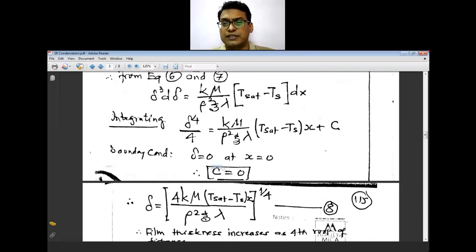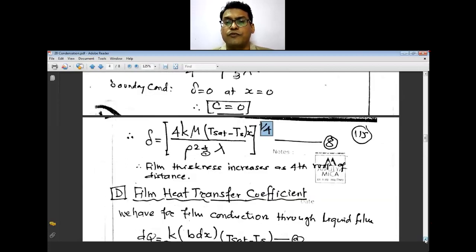So C comes as 0, and on simplification delta is equal to [4k mu (T saturated minus T wall) x upon rho square g lambda] raised to the 1/4. So the film thickness increases as the fourth root of the distance.